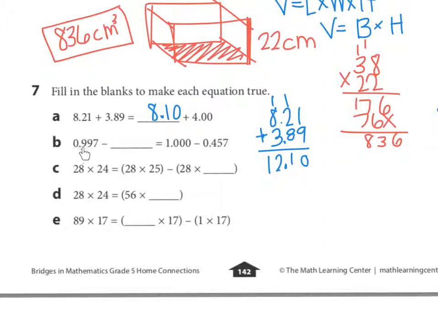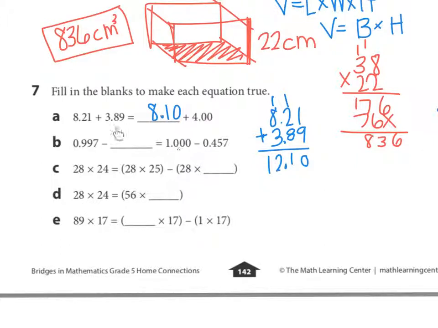Let's look at B. I have 997 thousandths minus a number equals 1 whole minus 457 hundredths. Oh, I think I see what they're doing now. This is kind of like give and take. Look, what's the difference between 997 thousandths and 1 whole? It's going to be 3 thousandths.